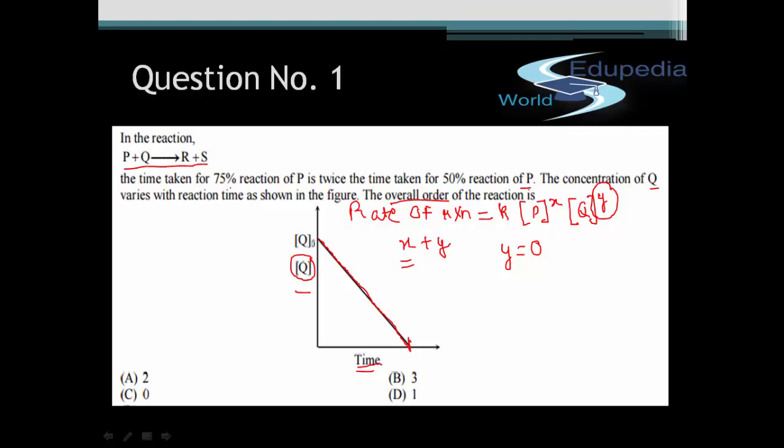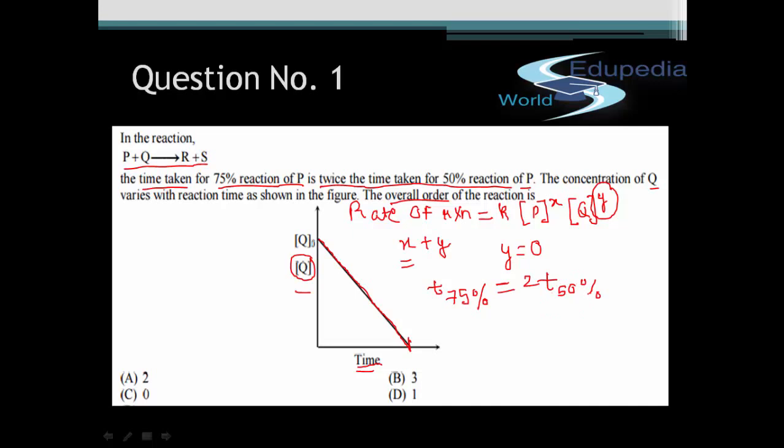For X, it says that the time taken for 75% reaction of P is twice the time taken for 50% reaction of P. Let us analyze what this data exactly tries to say. It means that the time for 75% completion of the reaction with respect to P is 2 times T 50%.